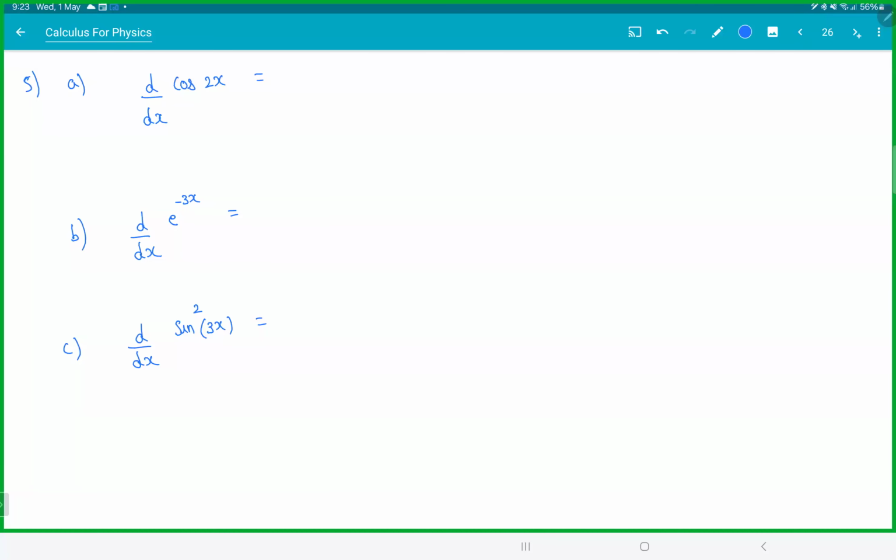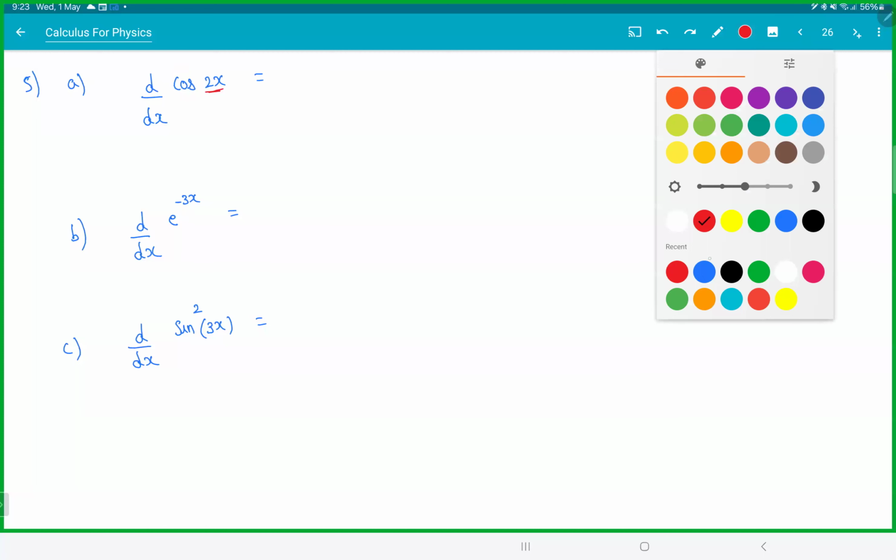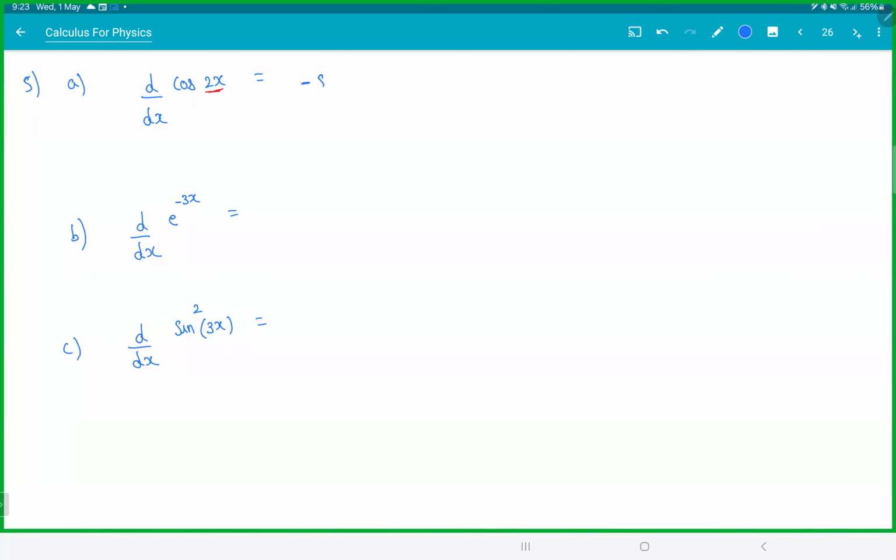Okay, let's see the first one. See, how does this look? Cos of something. You're getting it? Forget about what is inside. It is cos of something. So first thing, what are you seeing? Cos, na? What is cos's differential? Cos's differential is minus sine of that something. Now differentiate whatever is that function inside. Are you getting what we did? It is cos of something. I don't care what that something is. So what was cos's differential?